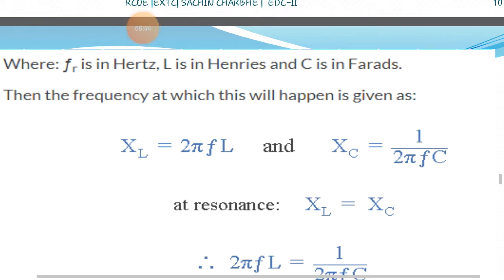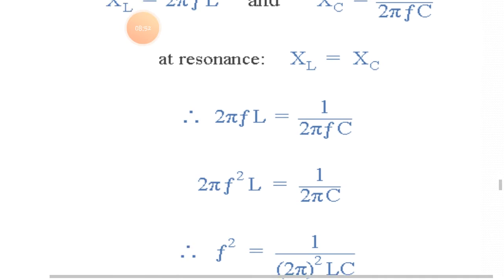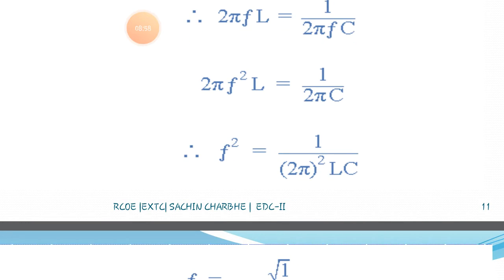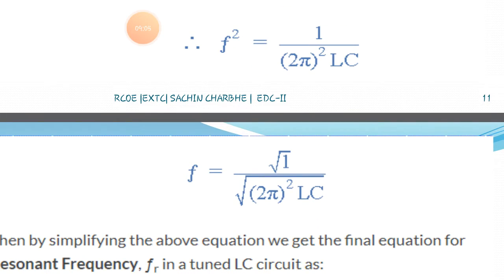At resonance, XL equals Xc, that means 2 pi FL equals 1 by 2 pi FC. So here we calculate the resonant frequency: f square equals 1 by 4 pi square LC. Finally, taking the square root, f equals 1 by 2 pi square root of LC.